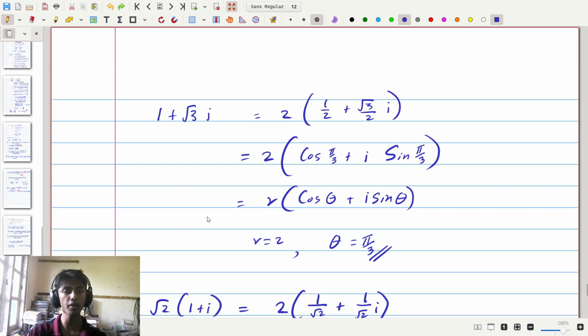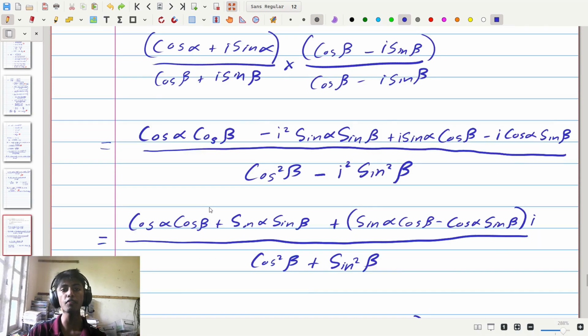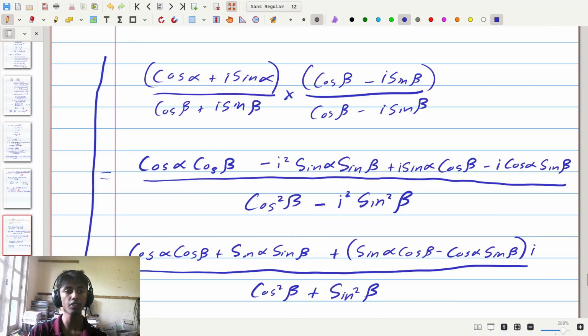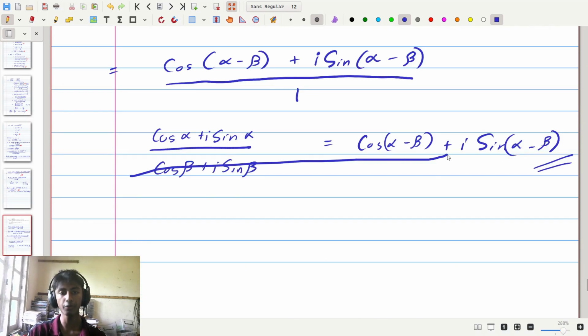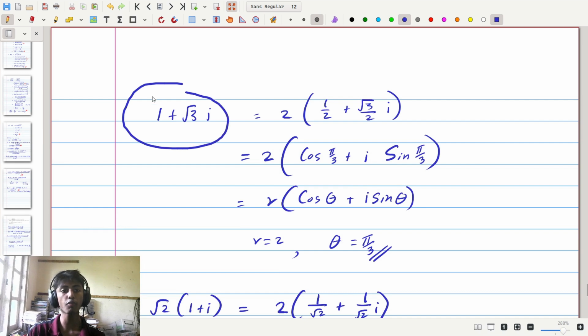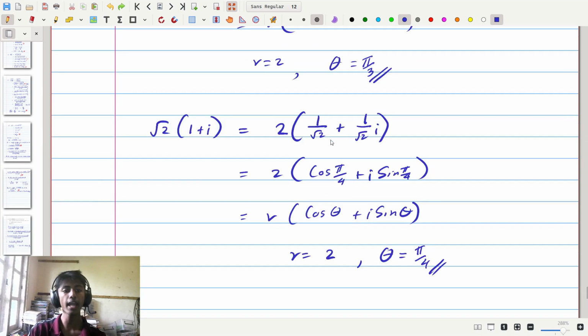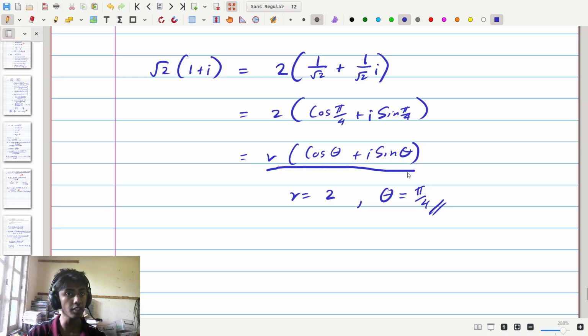Now for this, what we need to do is to use all of the information we have so far, which is this formula right here, going down to this, and the value of 1 plus root 3i in the form of r times cosine theta plus i sine theta, and the value of root 2 times 1 plus i in the form of r times cosine theta plus i sine theta.